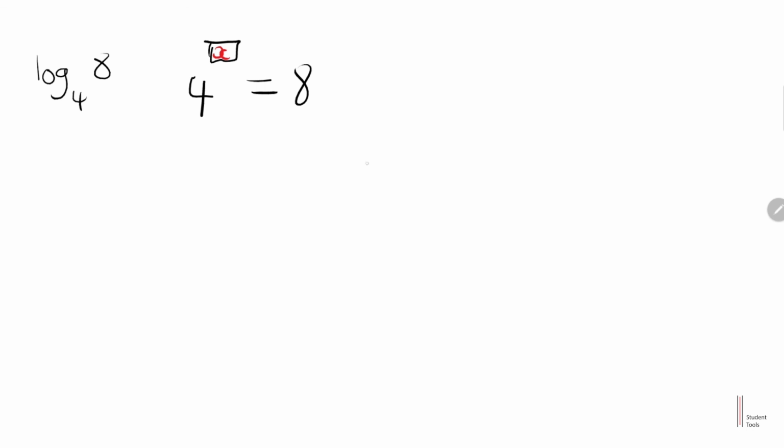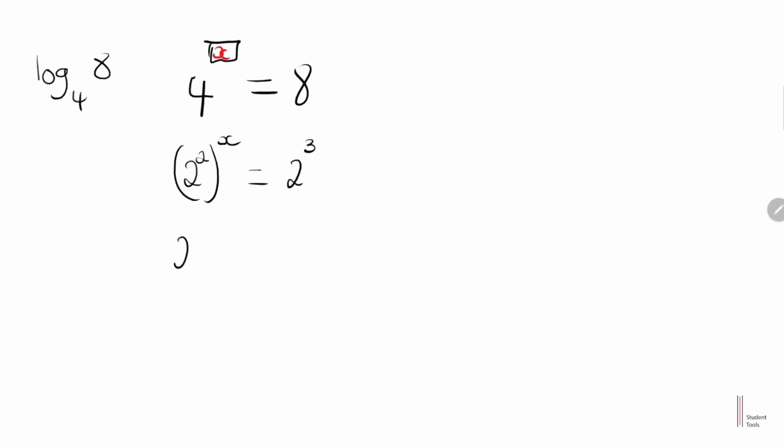So now we have 4 to the power x. Let us make 4 to the base 2. So 4 to the base 2 is 2 to the power 2. So this is to the power x because it's raised to that exponent. So this is equal to 8. 8 to the base 2 is 2 to the power 3.